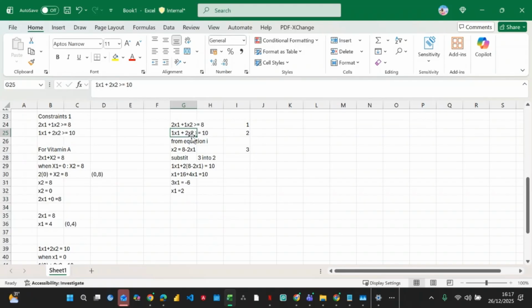Or I can even take equation 2, whichever is easy for me to solve. So 2x1, plus, so now I already have x1, which is 2, so this is going to be 2, and then plus 1x2 is now equals to 8. I have x1 already, so what I'm looking for is x2.